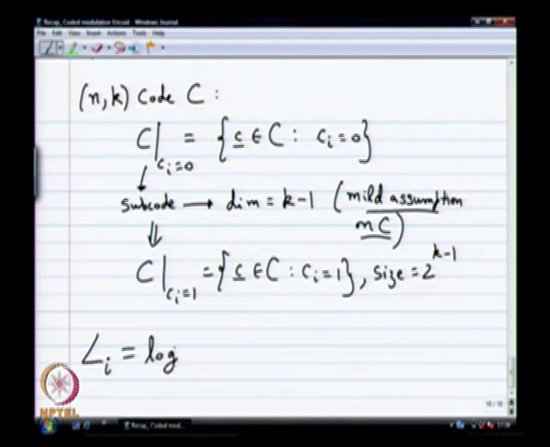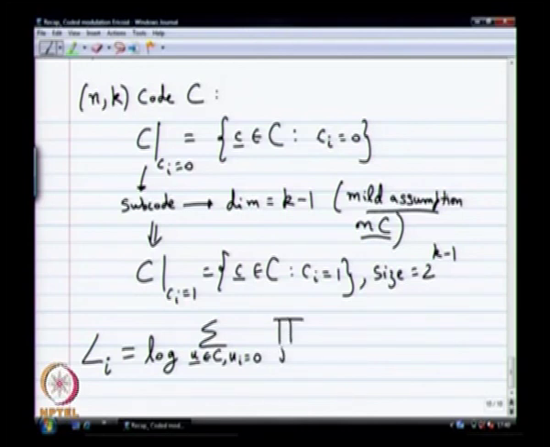This will be log, there will be a summation over u in C such that ui is 0, the same thing you are writing. Then what should I write here? I will write it slightly differently.